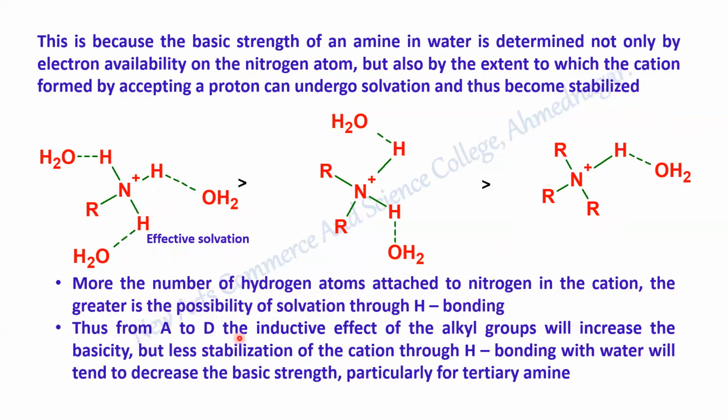Thus from A to D, the inductive effect of the alkyl group will increase the basicity, but there is less stabilization of the cation through hydrogen bonding with water. Because of this, there is a decrease of basic strength, particularly for the tertiary amine.